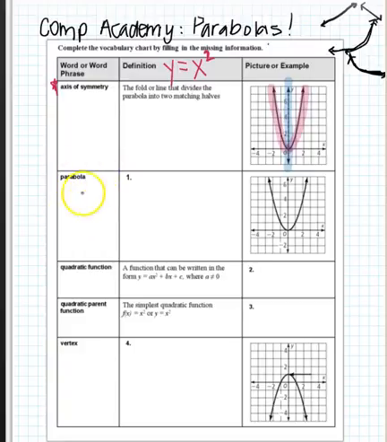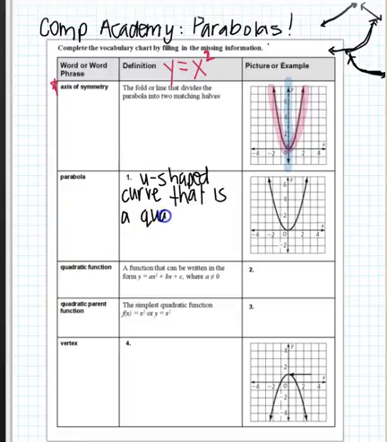So now a parabola. A parabola is that U-shaped curve. It's not a line anymore. It is a curve. Okay, U-shaped curve. And let me see if I have a better definition. All right, so it's a U-shaped curve that is a quadratic function.